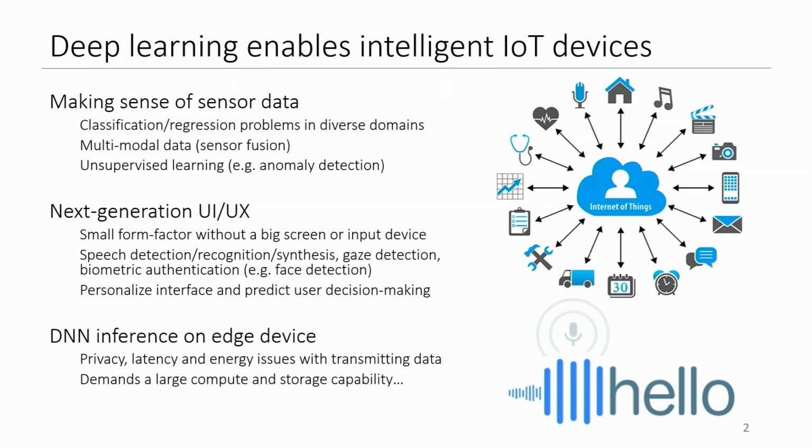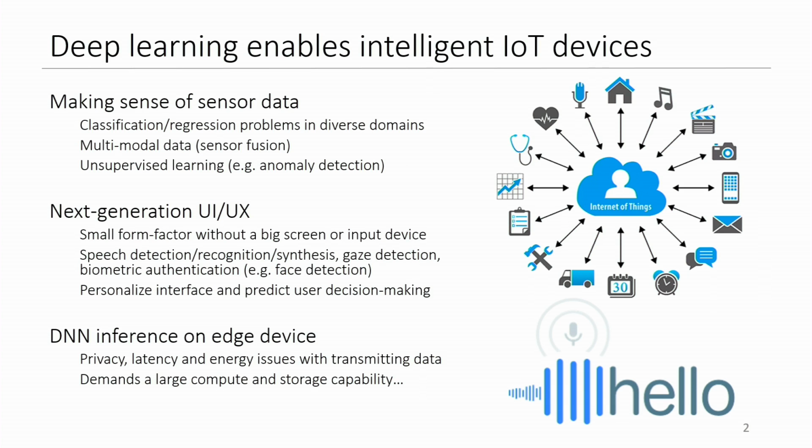And this slide has two of the key drivers for deep learning on embedded devices. So the first is making sense of sensor data. By this, I mean using supervised learning to perform classification and regression problems in a diverse range of domains.